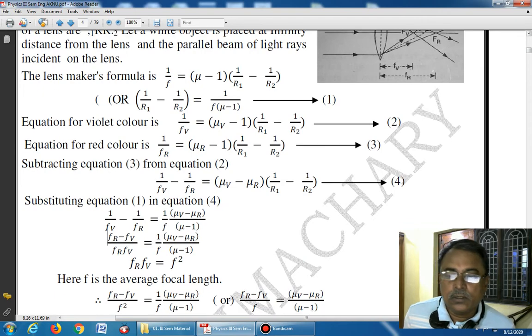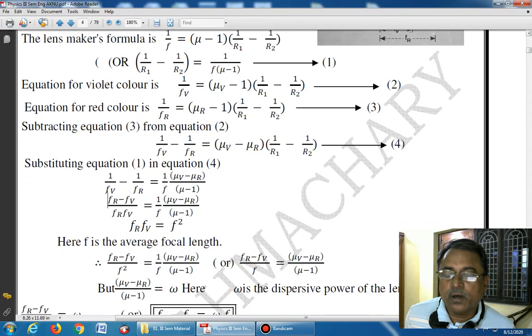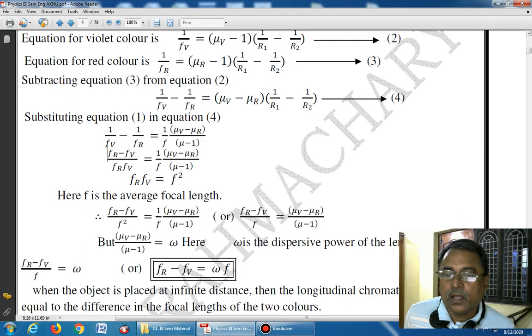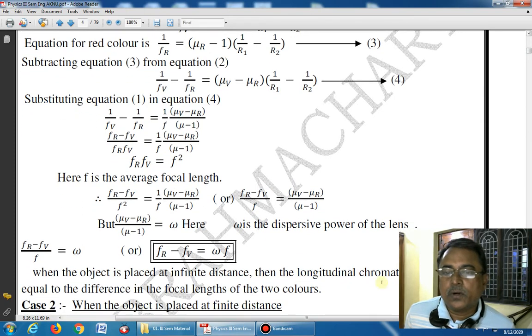Next, coming to f r and f v, this product is taken as f square, because f is taken as the average of f r and f v. That means f r plus f v by 2 is equal to f.